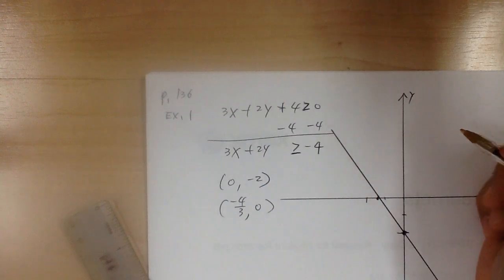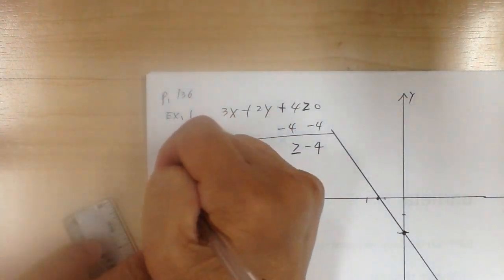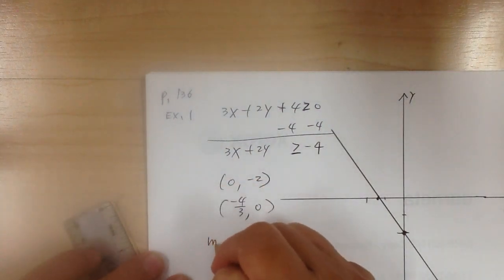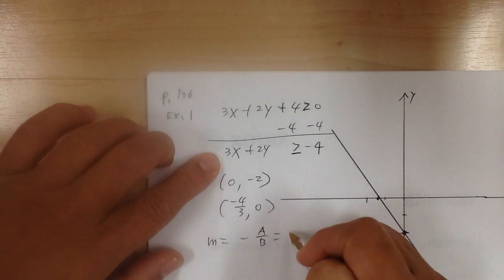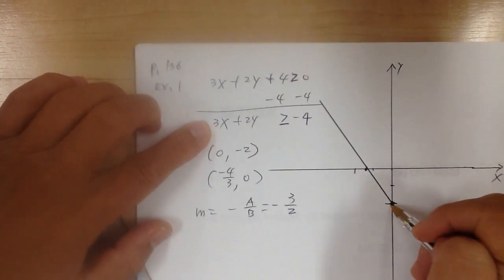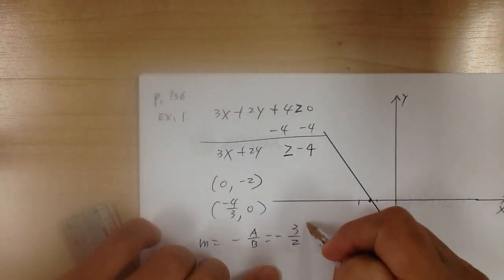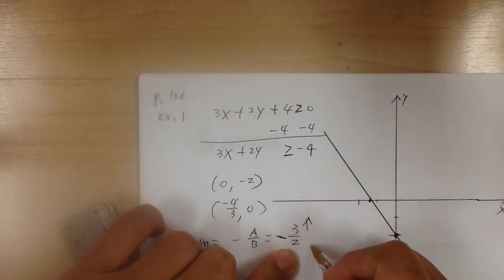Again, there are many ways you can do this. Another way is looking for the slope. The slope is equal to negative a over b, and this will equal negative 3 over 2. That means once you get this point, if you make the negative on the bottom, you go up 3, go over 2.